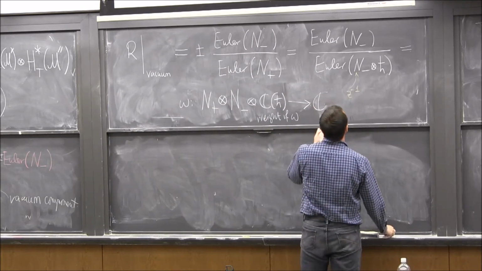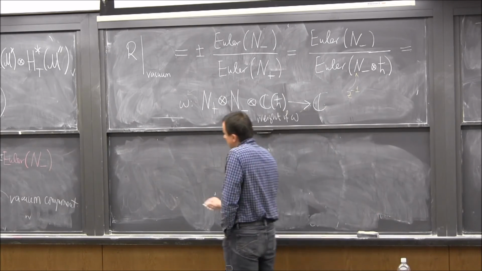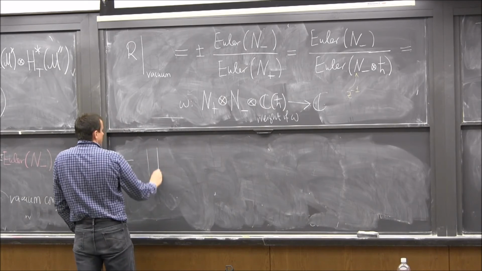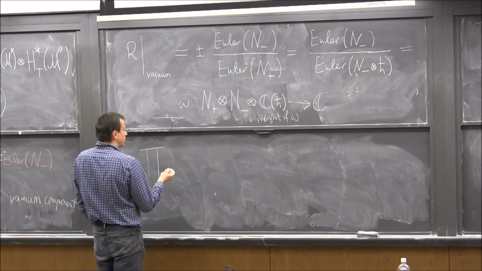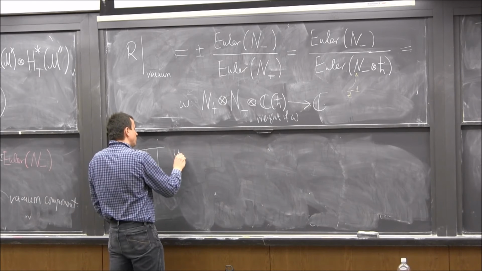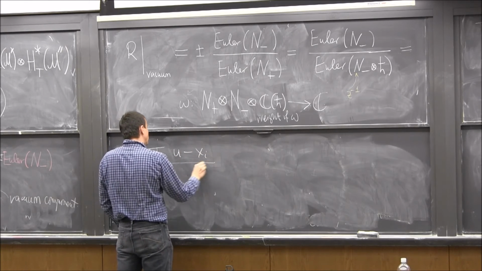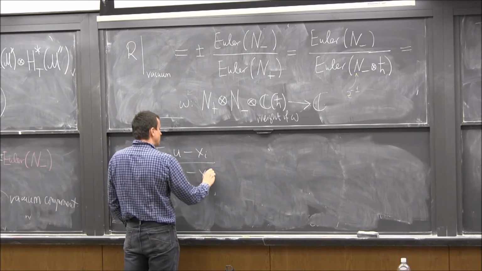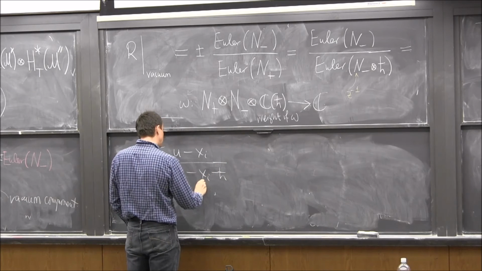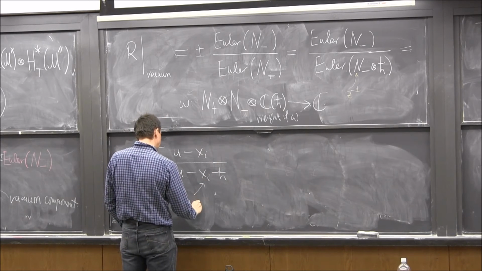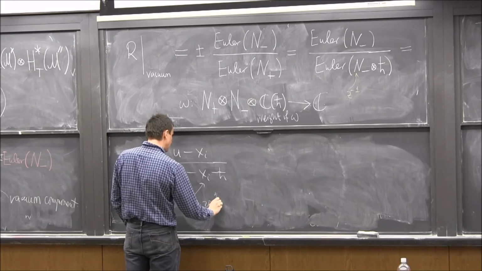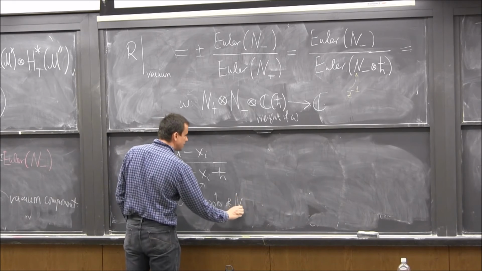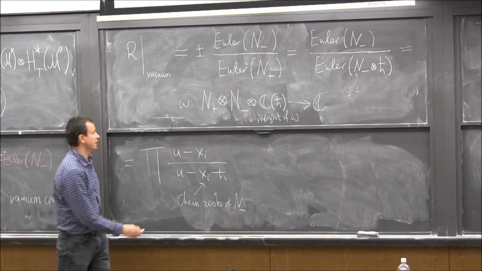And so this equivariant Euler class will have the form of a product, in the numerator, of the following: u minus xi over u minus xi minus h bar. These are the short roots. And so then I can write it like this.